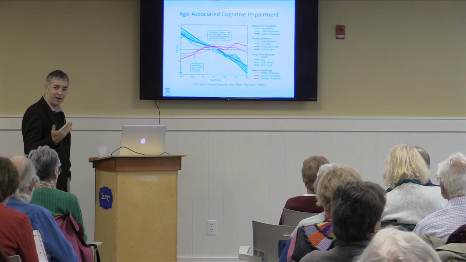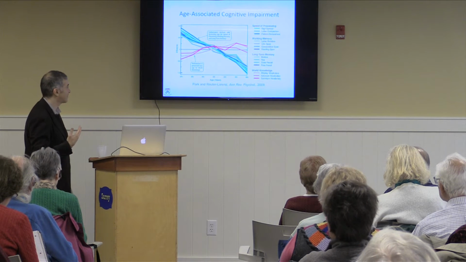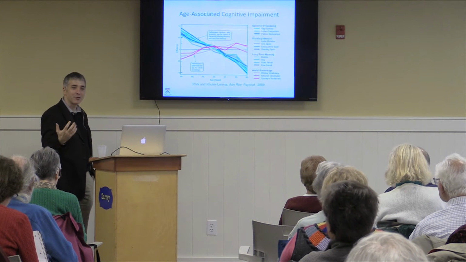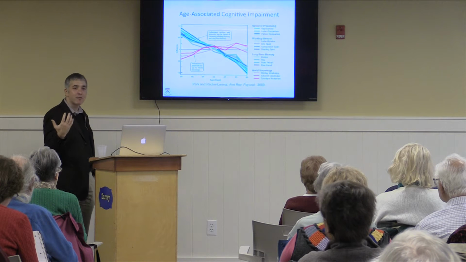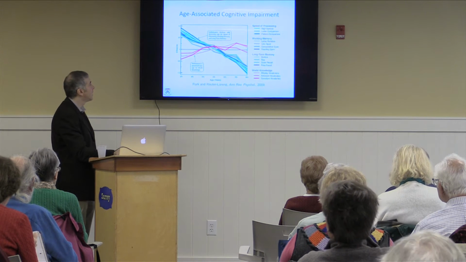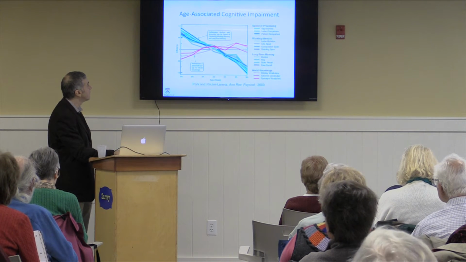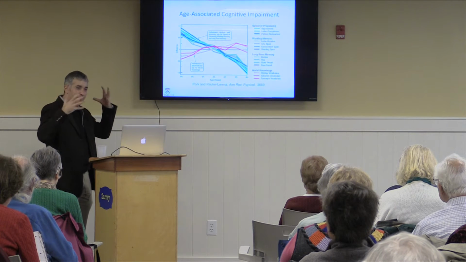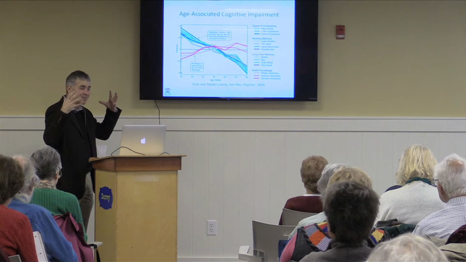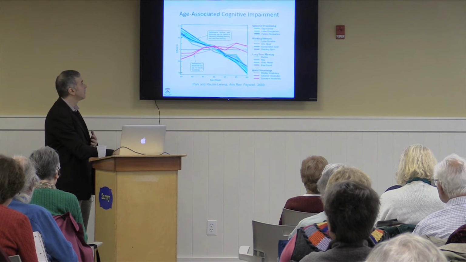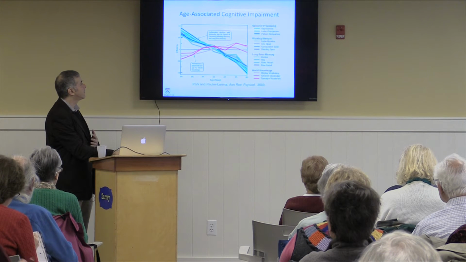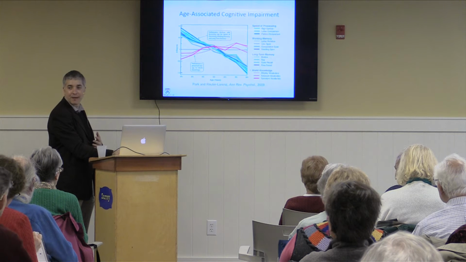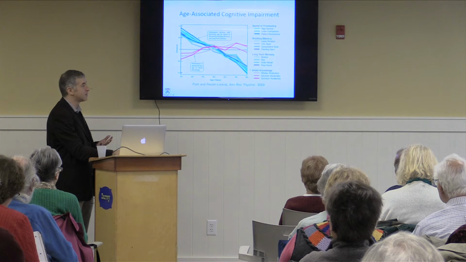There's certain things that actually get better with age, certain aspects of social cognition and aspects of language. But memory, particularly memory for recent events, and our ability to hold information in our head at the same time, goes down relatively steadily as we get older. Again, really starting in your 30s.